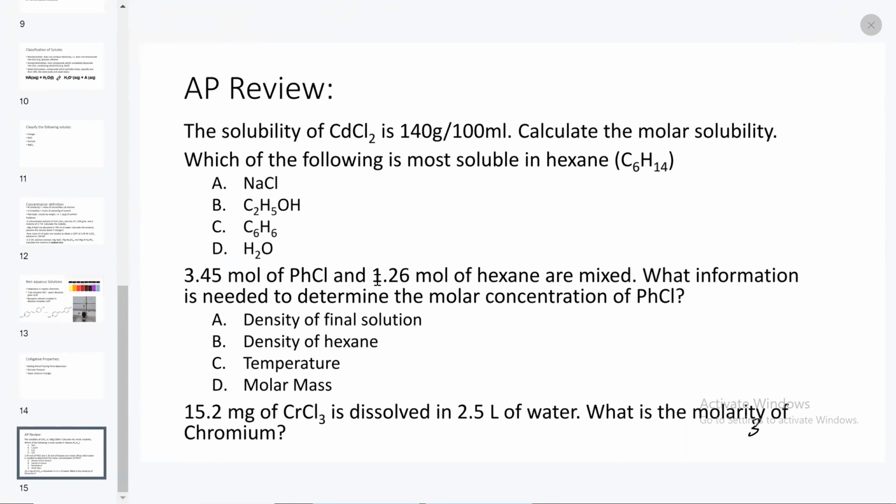Now, 3.45 moles and 1.25 moles of hexane are mixed. What information do we need to determine the molar concentration? Okay. So we need to know the moles divided by the liters. So we need to know the volume.